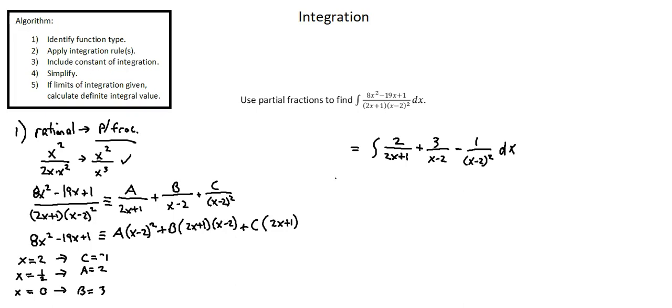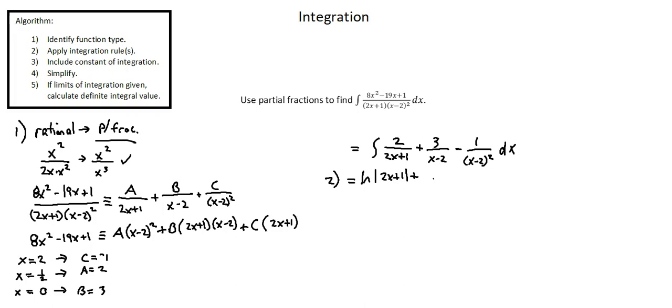And now we're ready for step 2, apply integration rules. Our first term, 2 over 2x plus 1. Notice that we have a relationship where the denominator is a function and the numerator is the derivative of that function. The integral will be the natural log of the absolute value of the denominator, natural log of 2x plus 1. The next term works similarly.